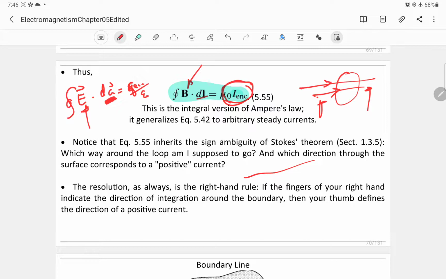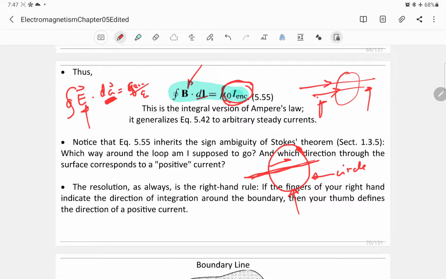So say for example you have a current passing through here, and you just enclose it with a loop. The safest symmetrical loop is a circle. So you can enclose that, for example, with a circular Amperian loop. Then you'll be able to get the magnetic field. This Amperian loop is of course imaginary.